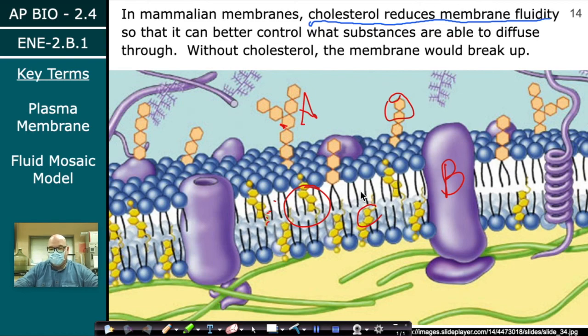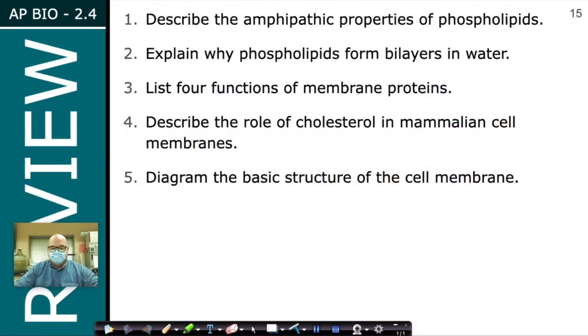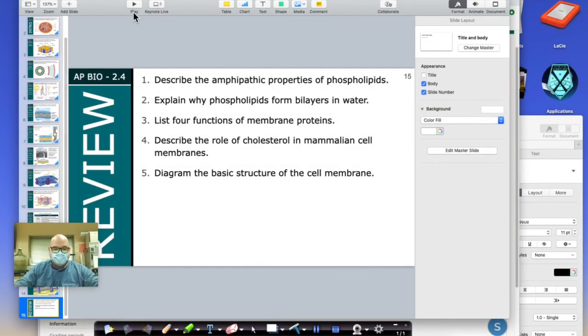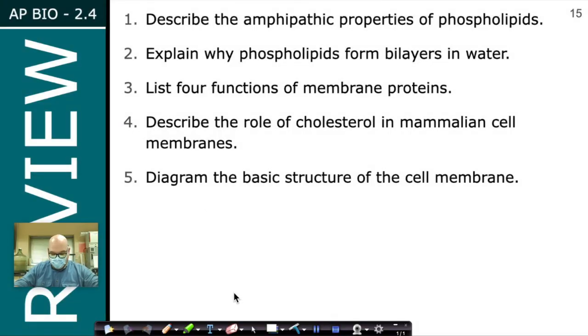All right, and our last slide is just a review. So what's going on here? We have this really new word, probably, amphipathic, okay? I'm probably going to mispronounce this. Amphipathic.